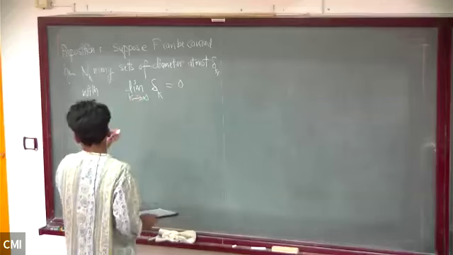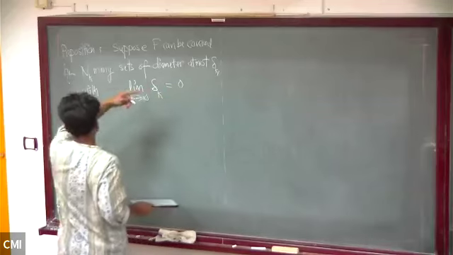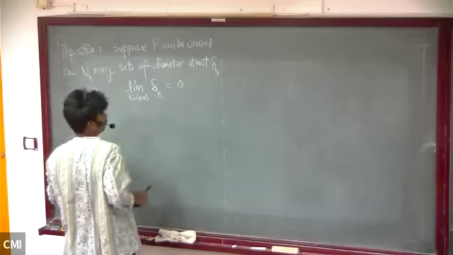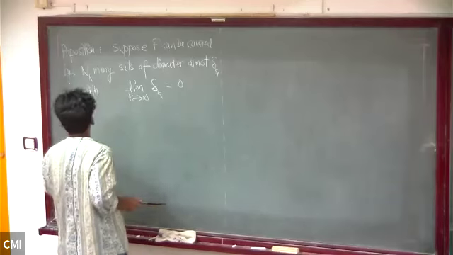So in the case of the middle third Cantor set, n_k was 2^k and delta_k was 1 by 3^k, right?